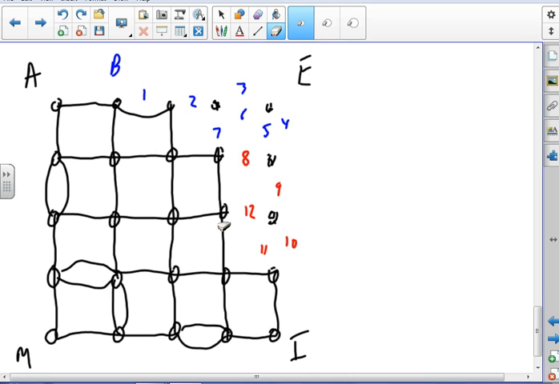Okay, so we're at 12, 13, 14, 15, 16, 17, 18, 19, 20.